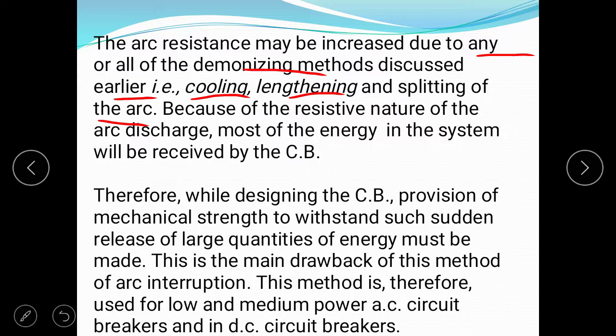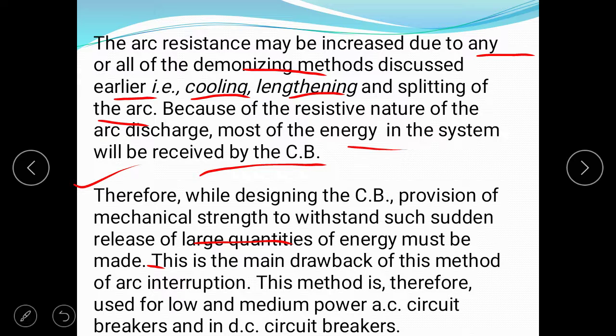Now, because of the resistive nature of the arc discharge, most of the energy in the system will be received by the circuit breaker. So therefore, while designing the circuit breaker, provision of mechanical strength to withstand such sudden release of large quantities of energy must be made.